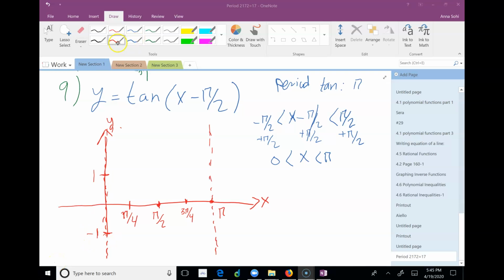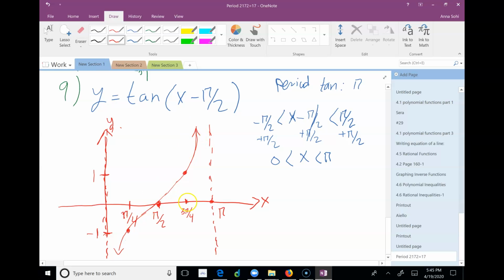Now that you want to graph it, the behavior of tan is that the three increments give negative 1, 0, and then positive 1. So here is the shape. Again, that comes from the general model.